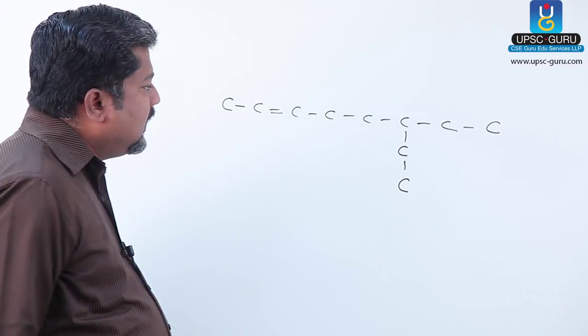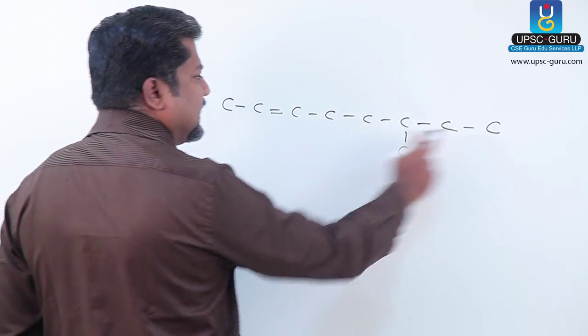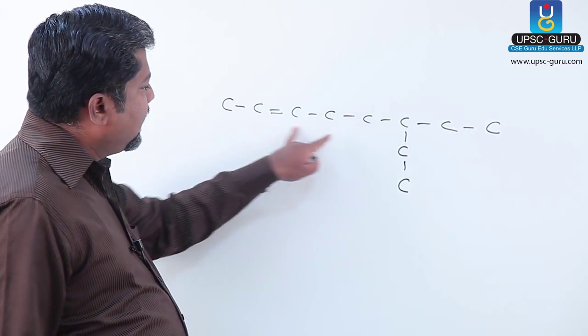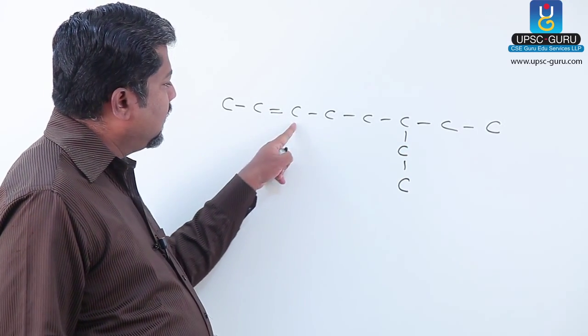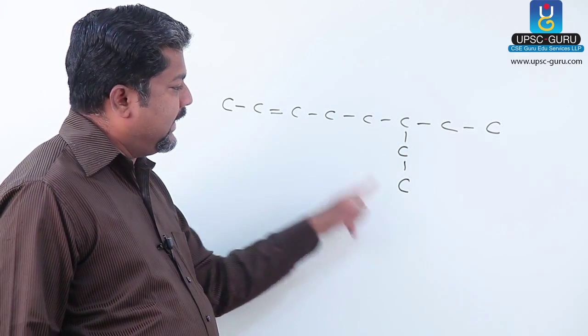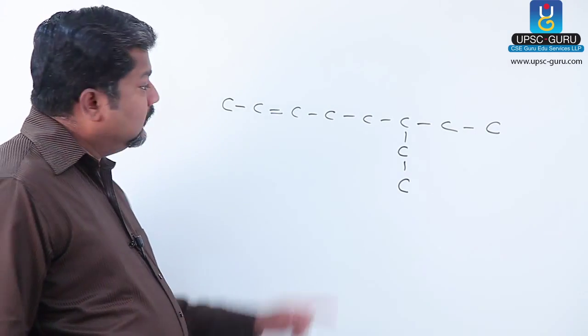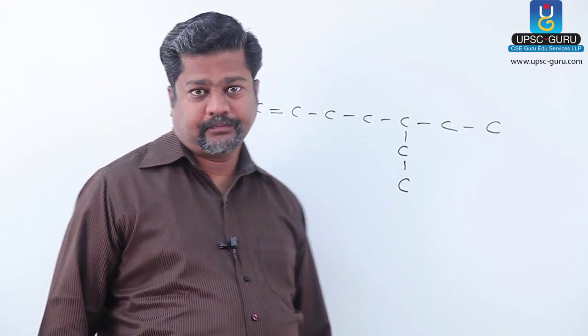So this is the chain. I can select out this chain or this chain. No problem. Any chain that is longest chain having member 4 and 4, 8. Suppose I am going this way 1, 2, 3, 4, 5, 6, 7, 8. This way also 8. So you are aware as 8 is there, it should be, as double bond present, octene.